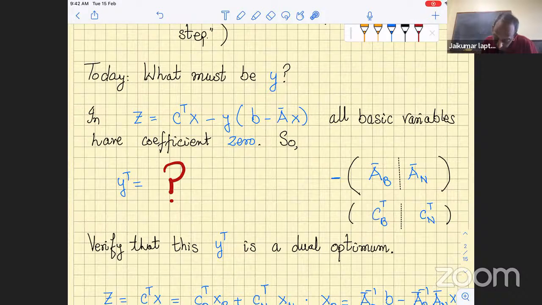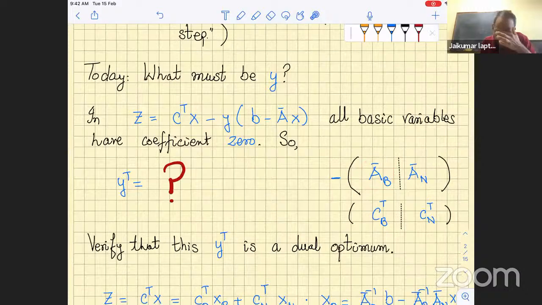These were the basic coefficients of the objective function corresponding to the current basis, the final basis.